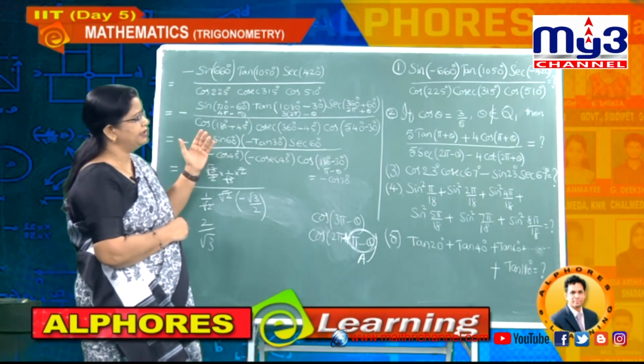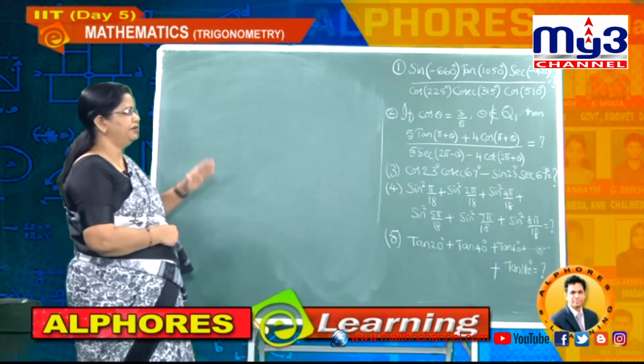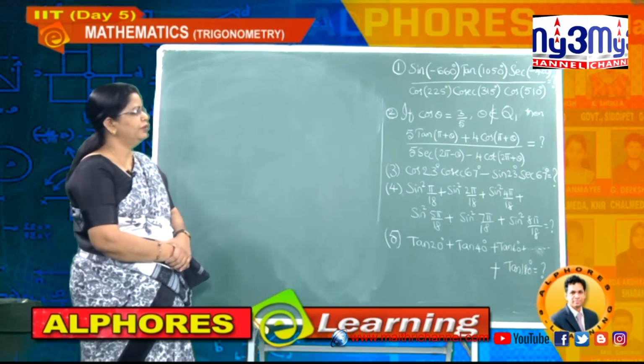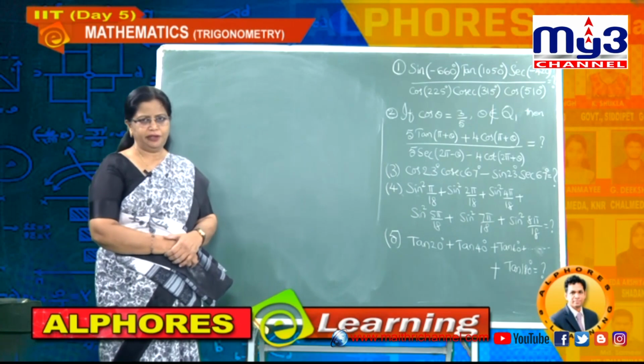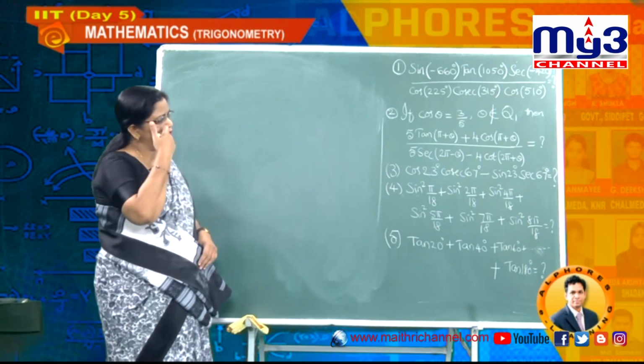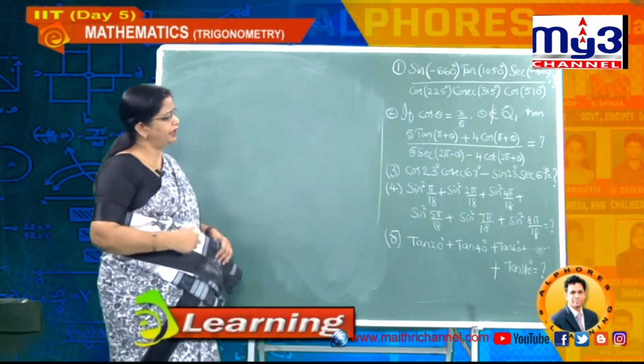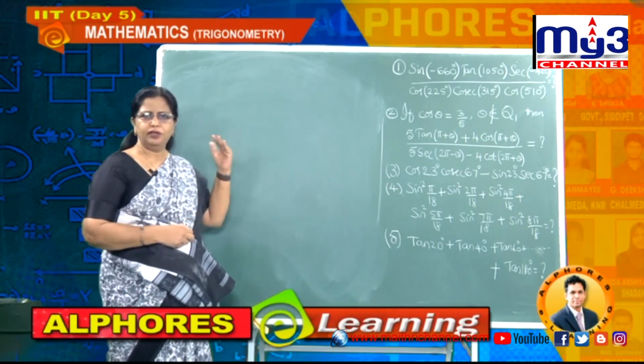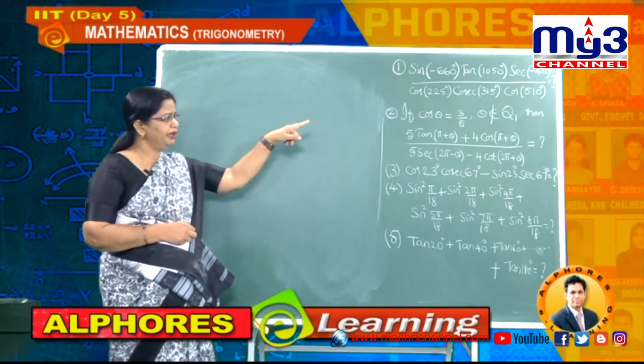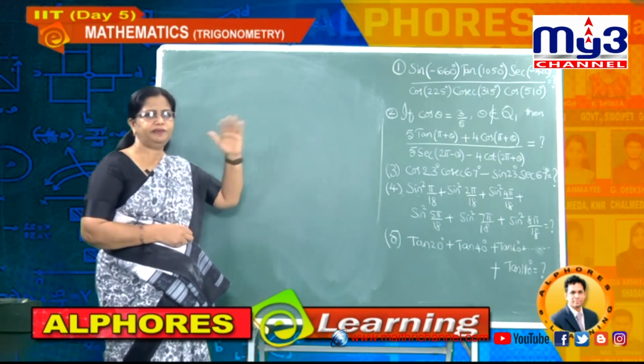Let us go to the second problem. Cos theta equal to 3 by 5 is given. What is 3 by 5? A positive value. Cos value positive implies the angle may be in the first quadrant or in the fourth quadrant, but clearly they mention the angle is not in the first quadrant.